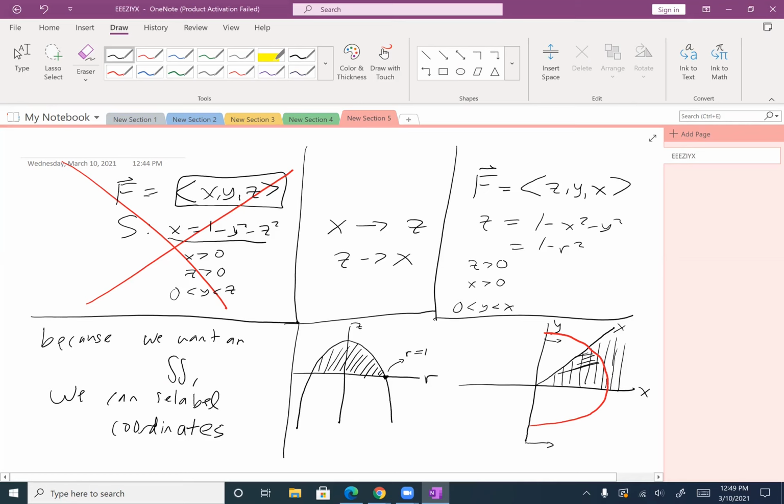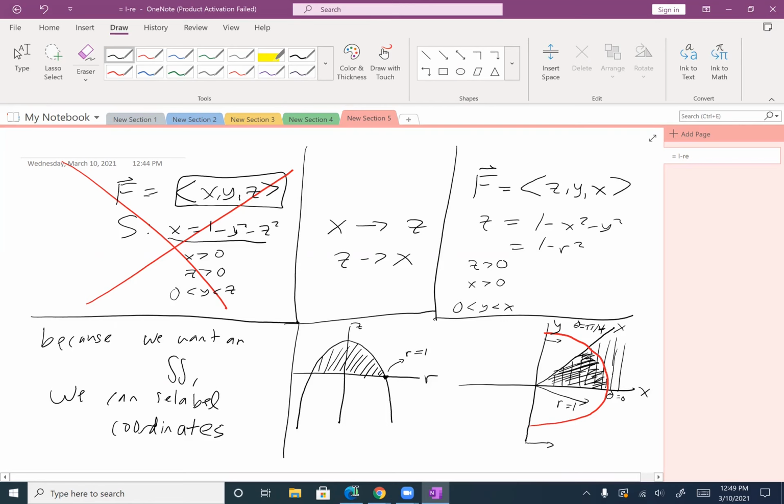I think this is our region of integration. It doesn't look pretty, I'll totally give you that. But the key observation is that this is actually just pi over 4. This is theta equals pi over 4, and this is r equals 1. So really, in polar coordinates, this actually is not that bad.